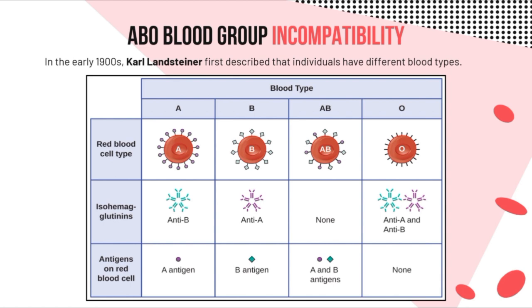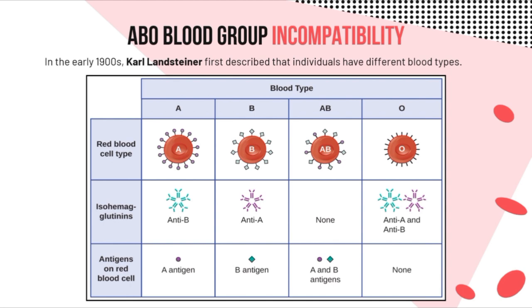But I will provide a short overview. In the early 1900s, Karl Landsteiner first described that individuals have different blood types. So we have blood type A, blood type B, blood type AB, and blood type O.